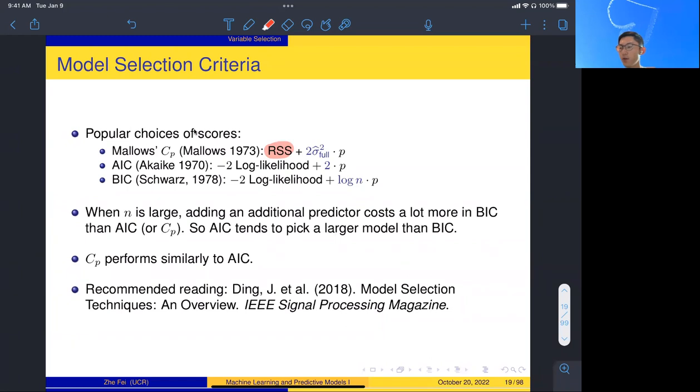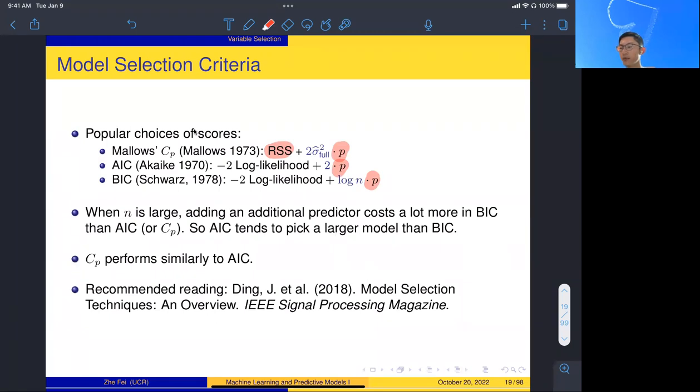And then we want to penalize for the model complexity. In linear regression, the number of parameters corresponds to your P, the number of features.